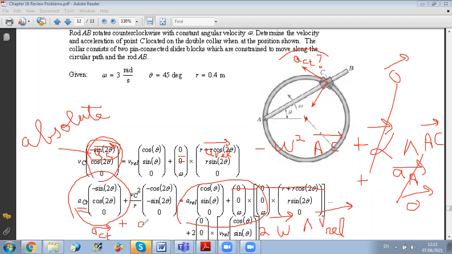Now concerning the normal acceleration, you can easily find it. Why? Because you have already calculated VC from the previous step. And you know that the normal acceleration of a point in rotation is VC square over R. The radius of rotation here is equal to the radius of the circle. So this is the magnitude of ACN. The magnitude of ACN is known, but AC tangential is not known.